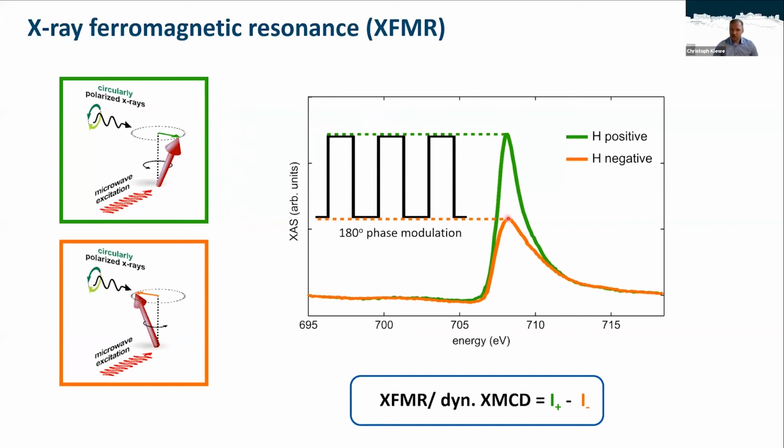And then we can see here that we are actually probing this difference in the X-ray absorption. And the XFMR, or we can also call it the dynamic XMCD, is then basically the difference between the state parallel, or the intensity plus, and the state anti-parallel, the negative intensity.